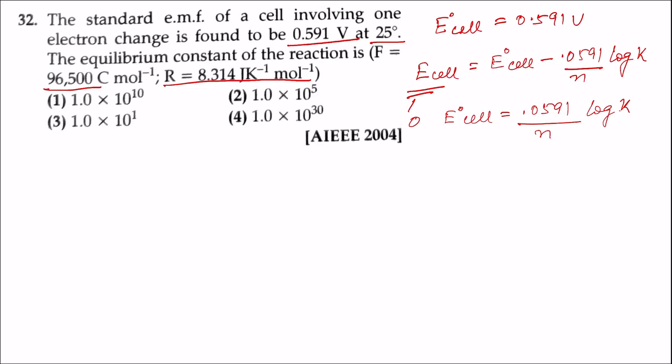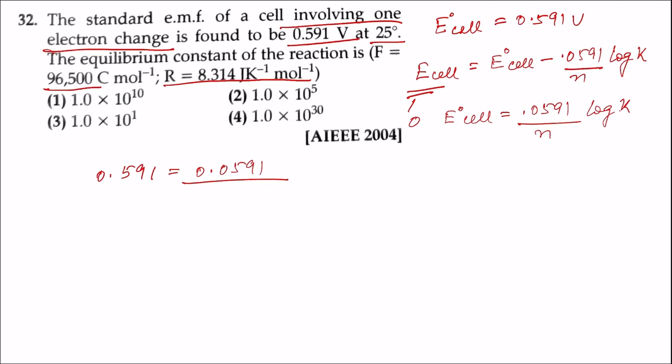Now putting the values, what is the value of E naught cell given? The value of E naught cell given is 0.591, which is equal to 0.0591. Now in the question it is also given that it involves one electron change, which means the number of electrons given or number of electrons accepted is 1.